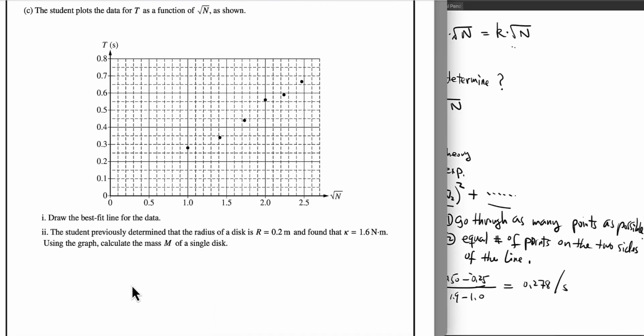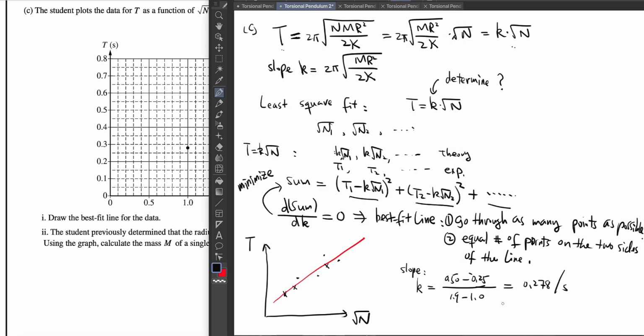Now the second question is about can we use this data here and also the best fit line to calculate the mass of a single disk? Okay, and we are also given this radius R and the torsional constant kappa. So now remember, K, the slope, right, is given by this expression.